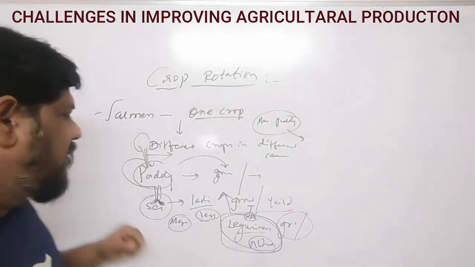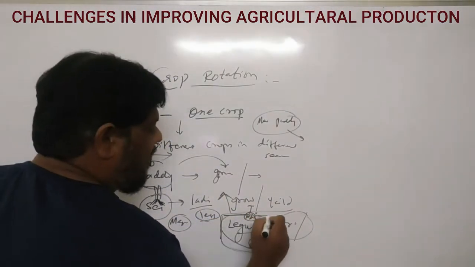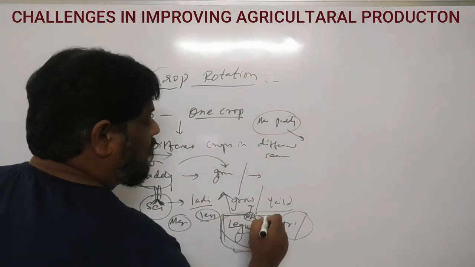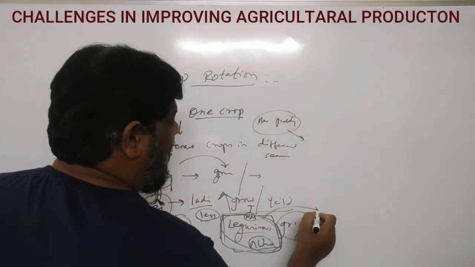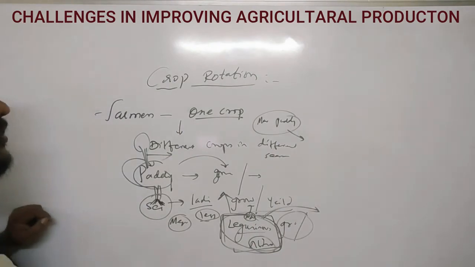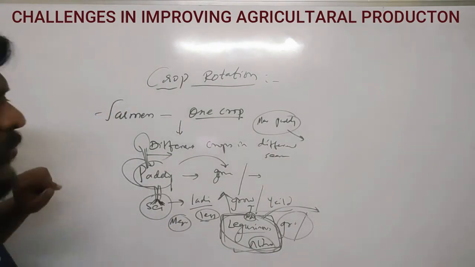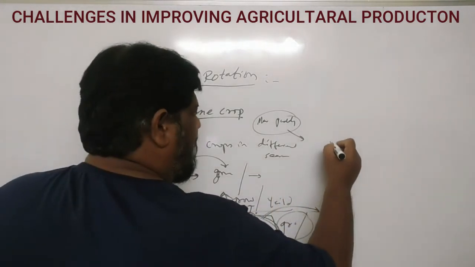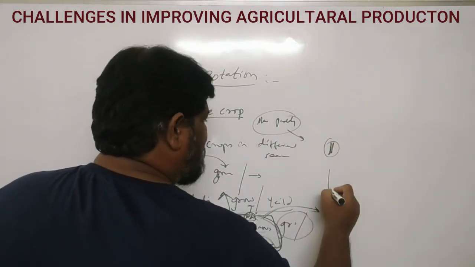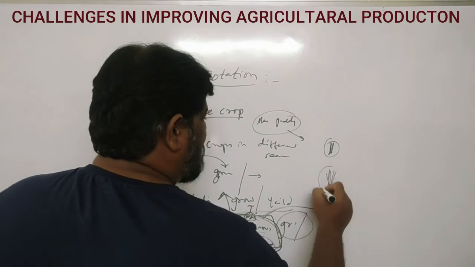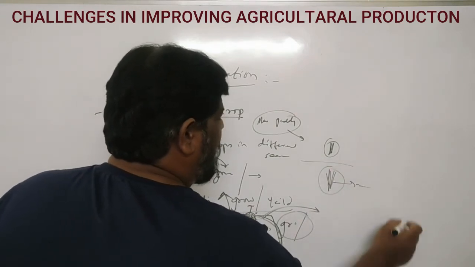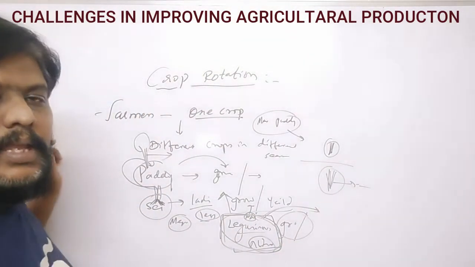In the next season, they go ahead with leguminous plants, where nutrients like nitrogen will be added back to the soil. This method is called the crop rotation method. If you cultivate one particular crop this year and go for the same crop next year, the growth will not be normal, it will be improper, right?